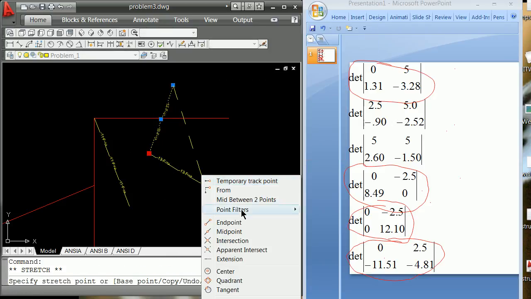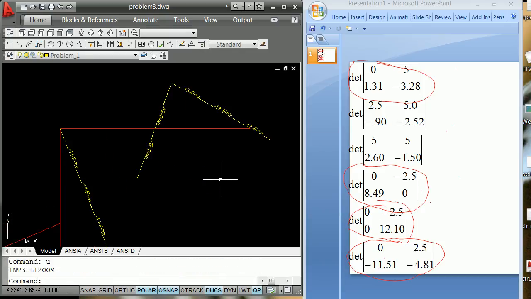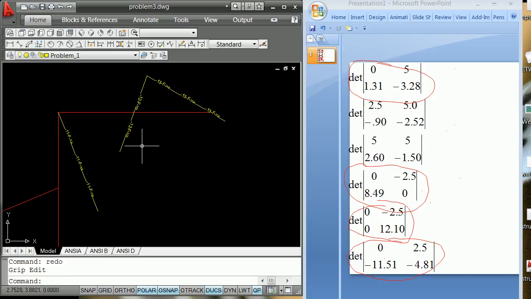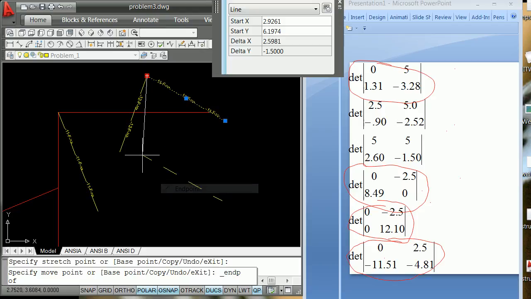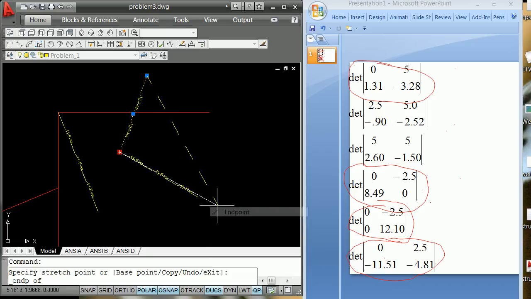Left click to the end point here. Undo, redo. Got that one there. I've got to see if I can get this done, running out of time, but I'm going to left click, spacebar, move to the end point. I grab, pull, take it all over the place, and then take it to the end point there.